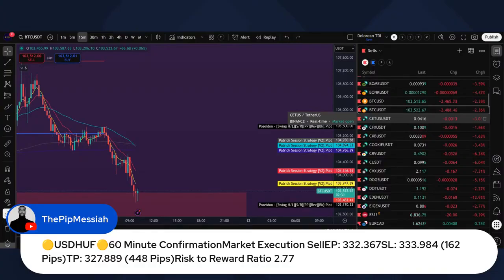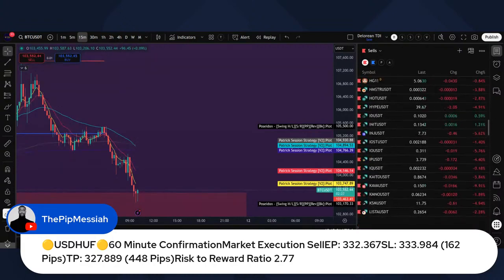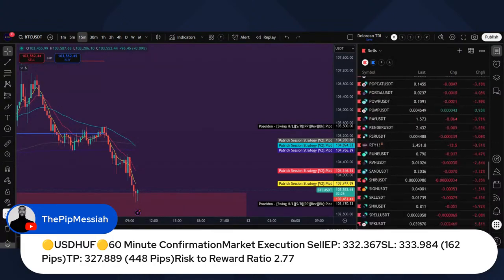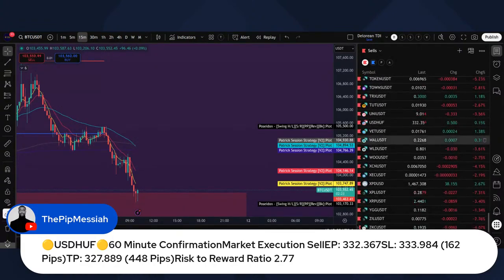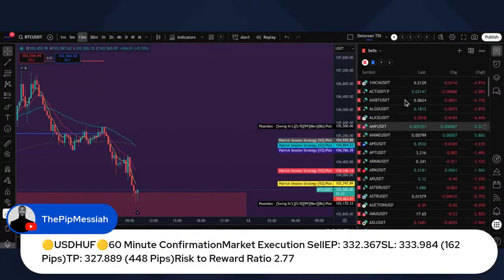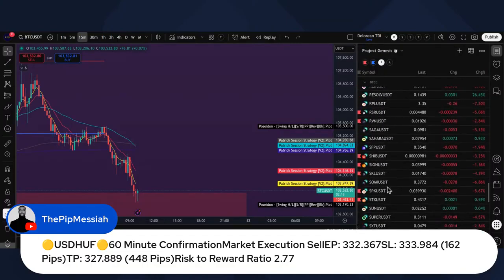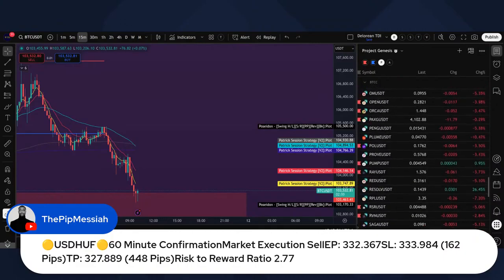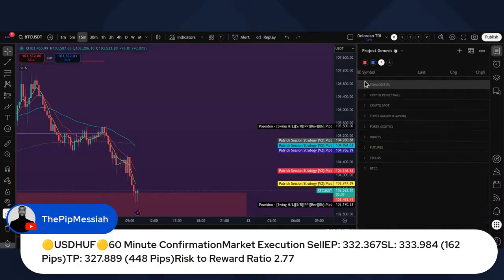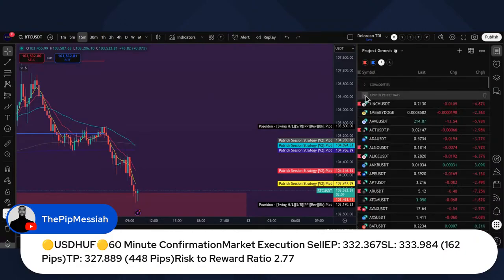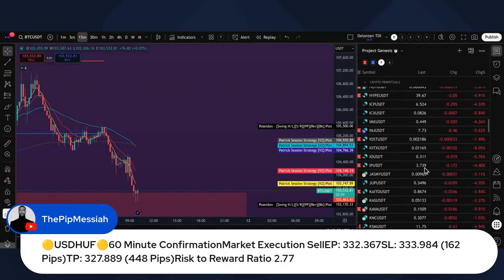Lots of resistance for Bitcoin going back up in price as we continue to sell off for the day. Most of the market is negative. Few exceptions to the rule.